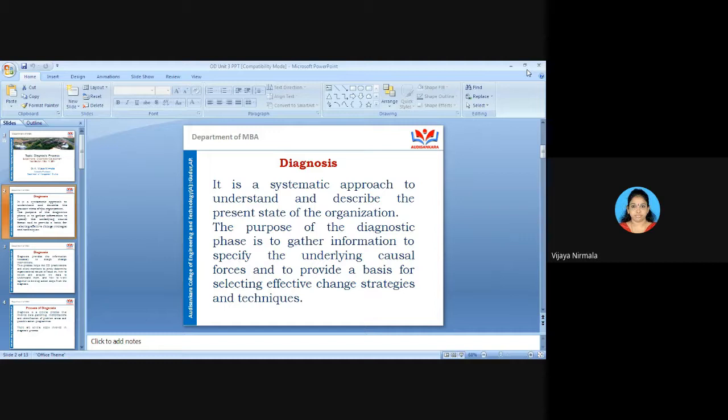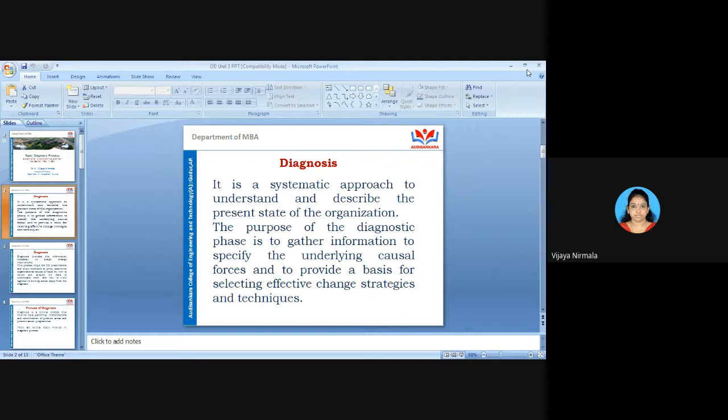In another sense, diagnosis is happening all the time. That is, the managers or the organizational members and the organization development practitioners are always trying to understand the drivers of organization effectiveness and how they change and why they are proceeding in a particular way.